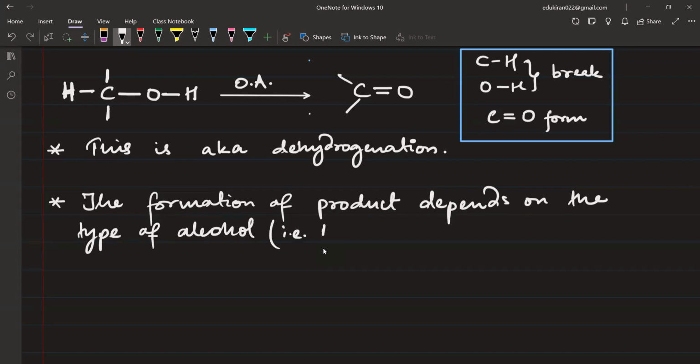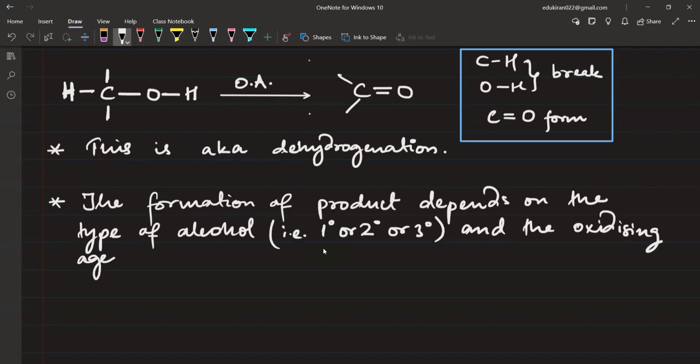That is, whether we are using 1 degree or 2 degree or 3 degree alcohol, and the oxidizing agent used.